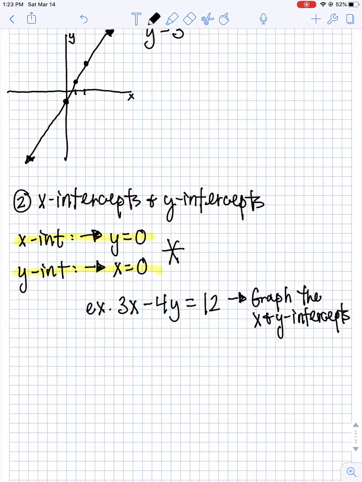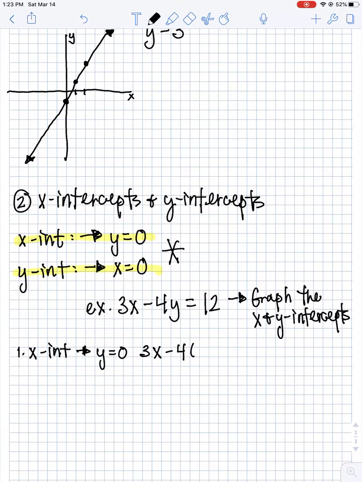All right, so again, if I do the first part, the x-intercept, I told you that the x-intercept meant y equals 0. So everywhere I see a y, I'm going to plug in a 0. So again, it was 3x minus 4, oh, there's y.